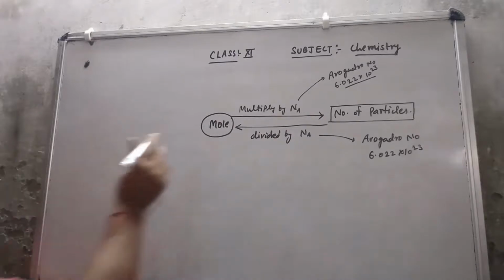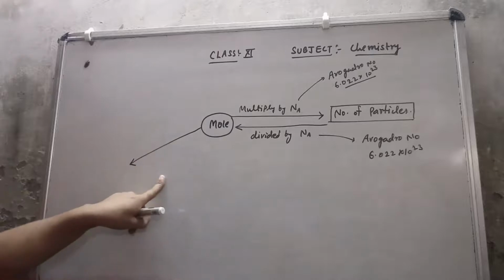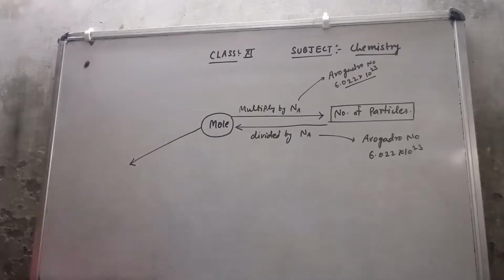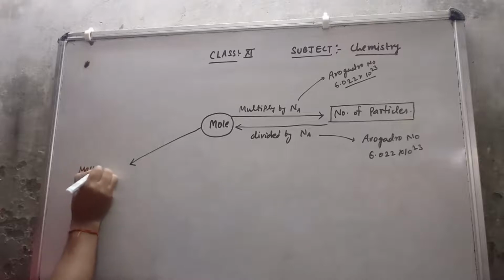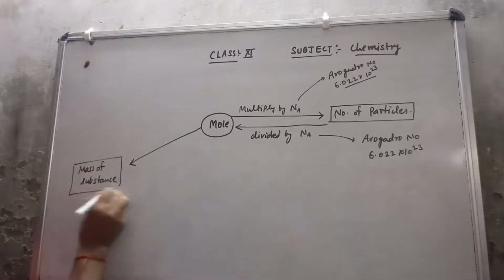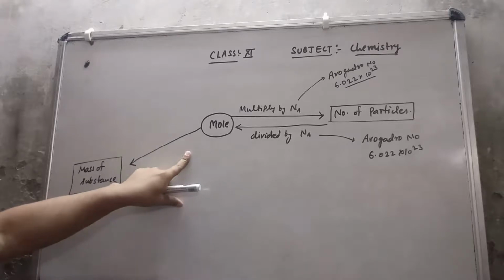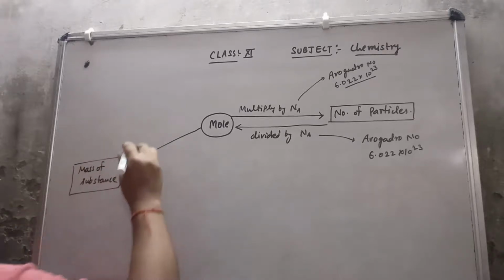The second thing is, suppose I want to convert the mole into the mass of a substance, whatever substance it is. Then if I want to convert mole into mass of substance, I will multiply by molar mass.